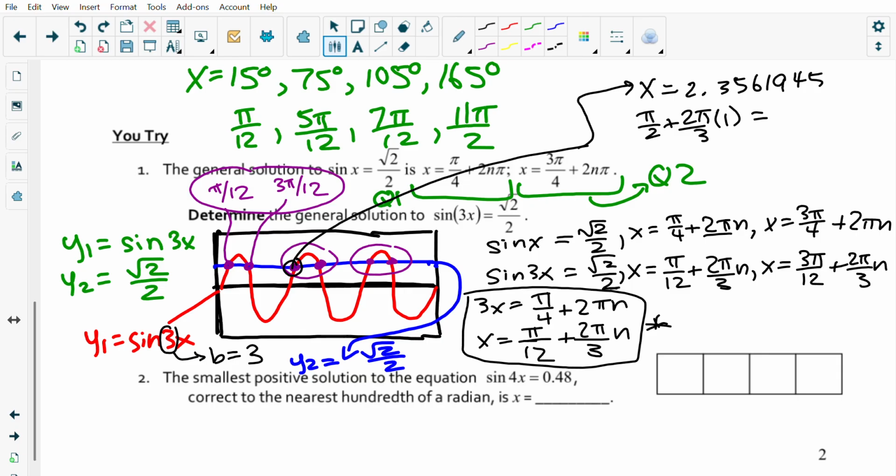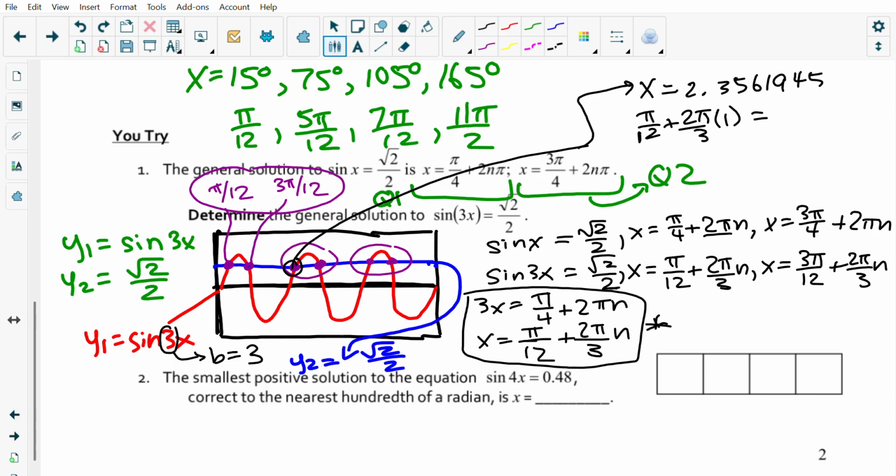What do I get? Pi divided by 12, sorry about that, folks. Let me do that again.